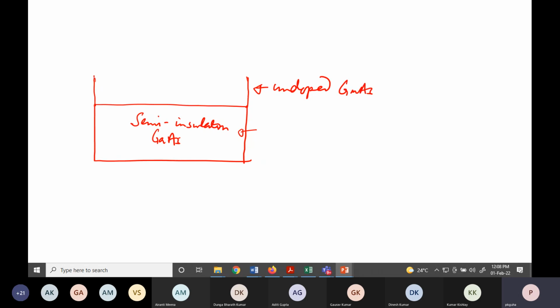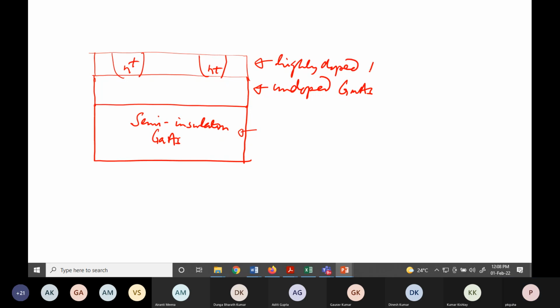Above it there is lowly doped or undoped gallium arsenide, and in this undoped gallium arsenide there will be a notch. We will create an N plus or N plus plus region in aluminium gallium arsenide, so this is heavily doped aluminium gallium arsenide. This is my source, this is my drain, and this area is your gate.